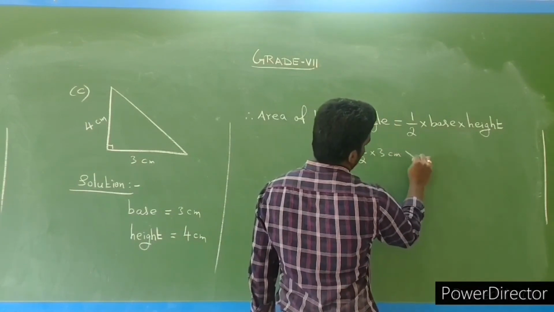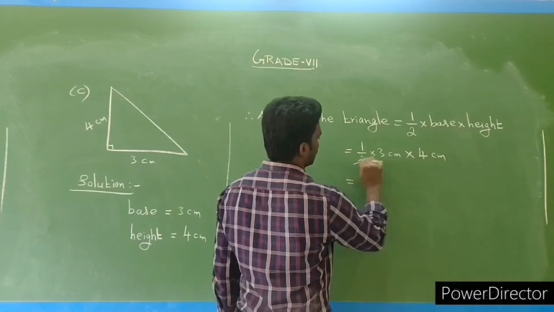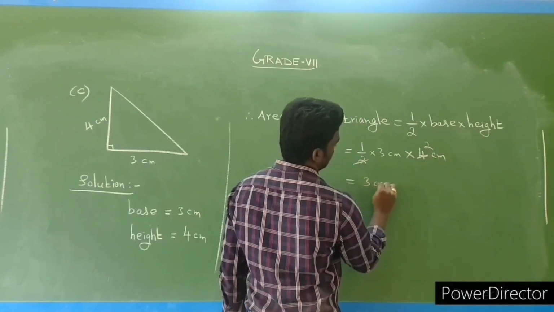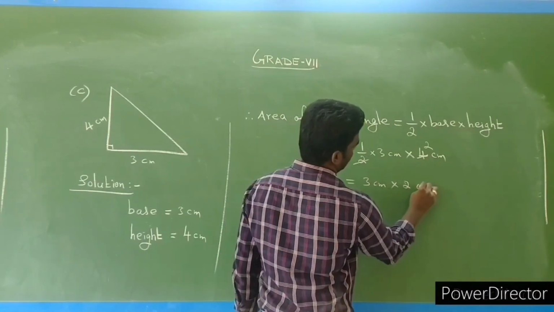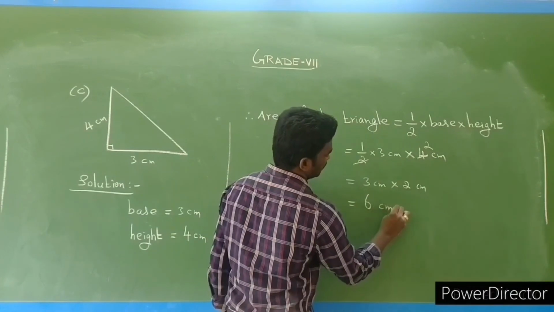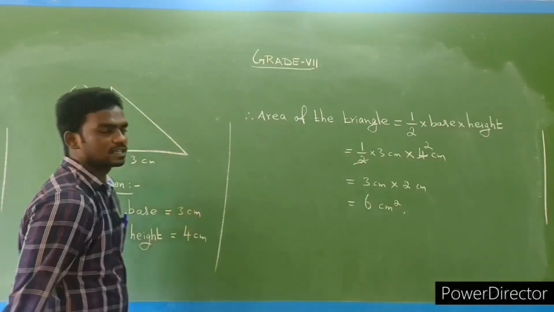So 3 centimeter into 4 centimeter, which is equal to 1 2s are 2, 2 2s are 4. So the value is 3 centimeter into 2 centimeter equal to 3 2s are 6 centimeter square. Therefore, area of the triangle is equal to 6 centimeter square.